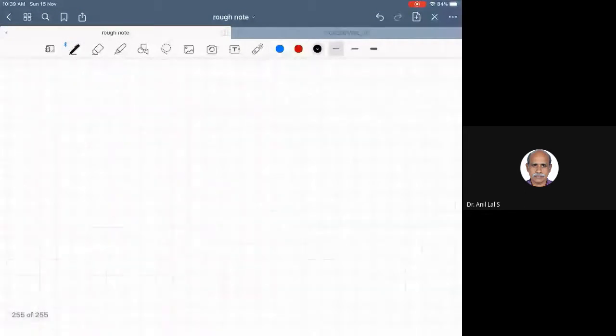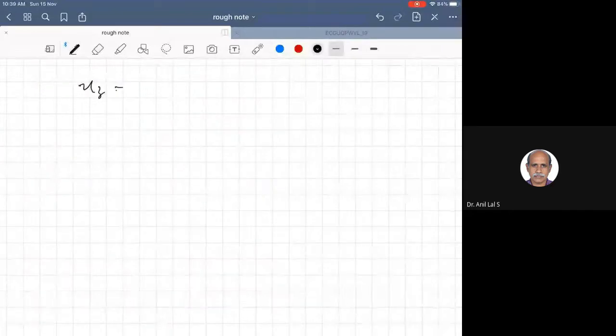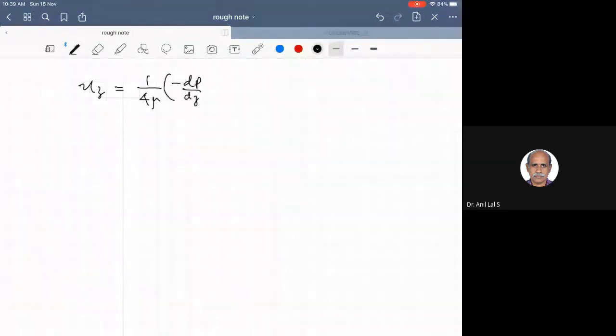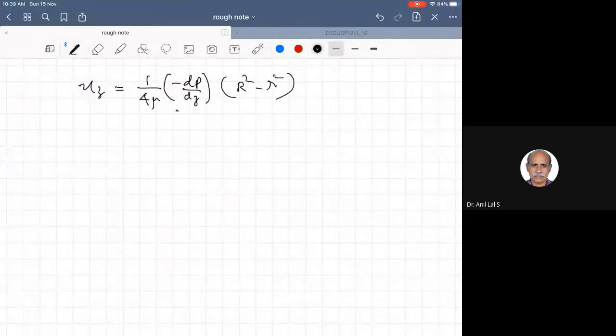So we have u is equal to minus 1/(4μ). Actually, it is better to write the minus sign along with 1/(4μ): minus dp/dz into R squared minus r squared. This indicates that a negative pressure gradient would give us a positive uz.